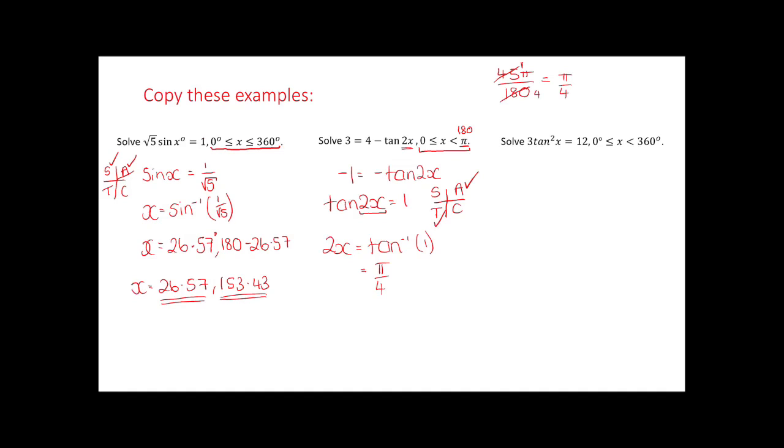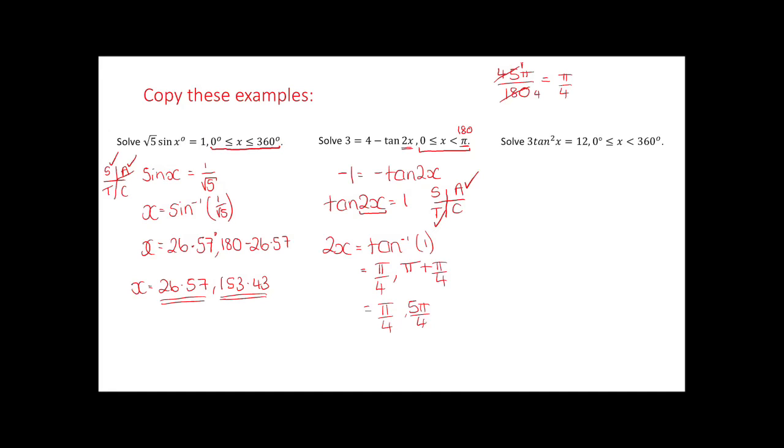We have also ticked this T quadrant. So remember, in your T quadrant, you do 180 plus your calculator answer, or in this case, we're doing pi plus your calculator answer. That's then going to give us pi over 4 and 5 pi over 4.